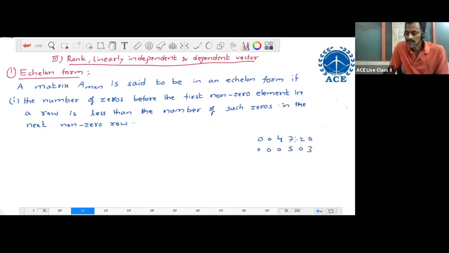Let us suppose these two are rows only. Along the first row from left to right, the first non-zero element is 4 because these two are zeros only.